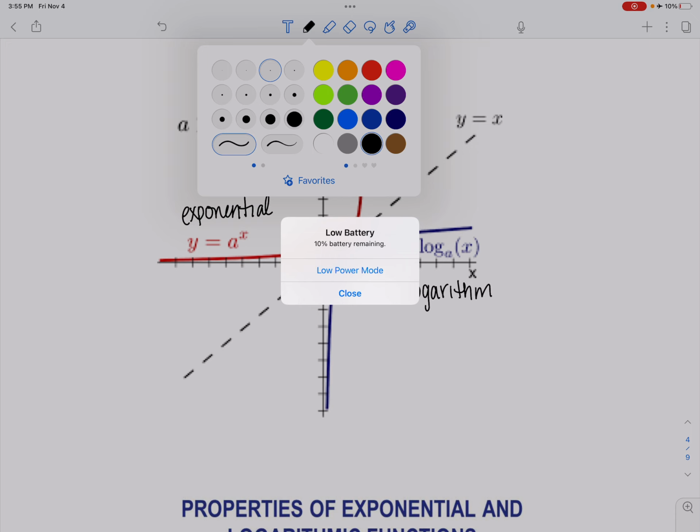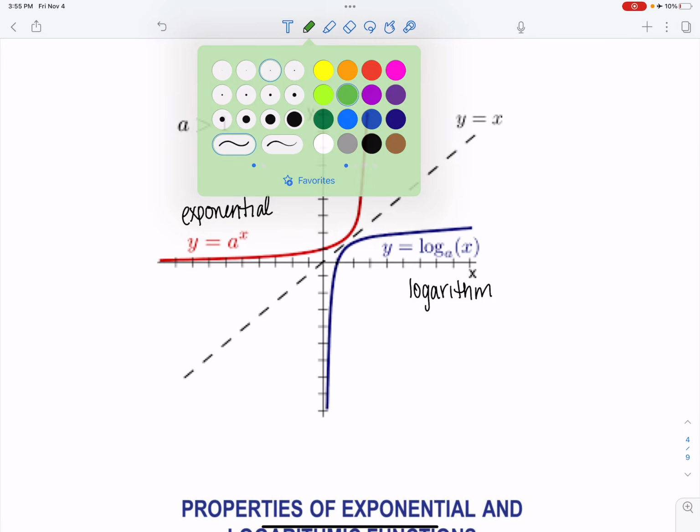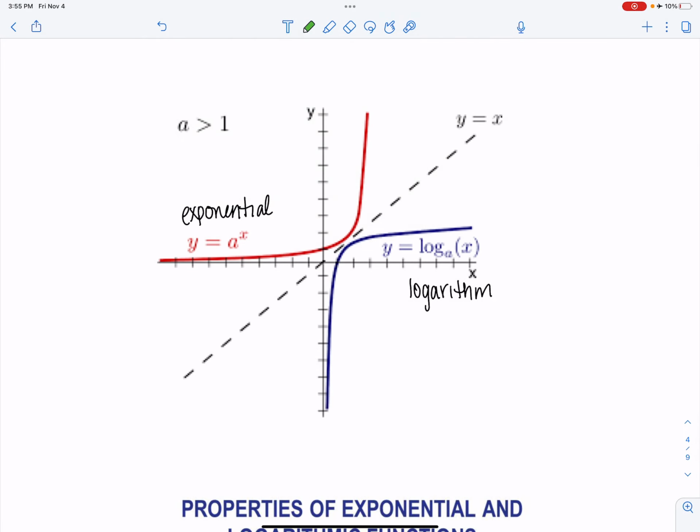Graphically, if we take a look at that, even just in this one piece, I can see my y values, or my range, gets reflected over that axis, and then it becomes the x values, or the domain.